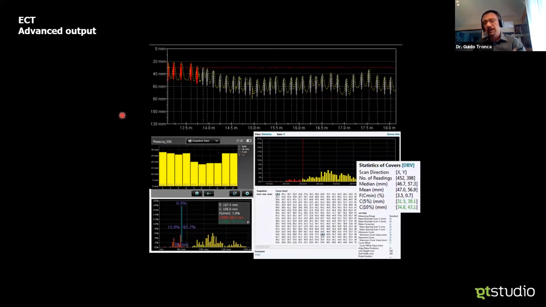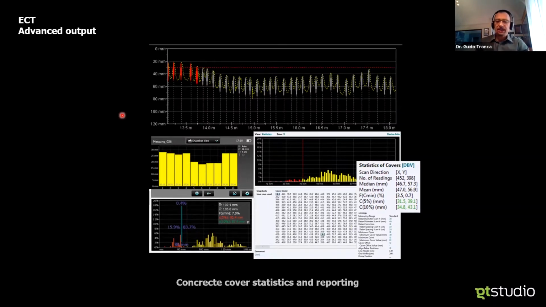Perfect. The instrument is optimized for running along a long path, collecting the right cover, and performing on board or on PC the related statistical analysis, which enables the final user to say, my cover is compliant with the drawing specification, or we have non-conformities on specific spots.